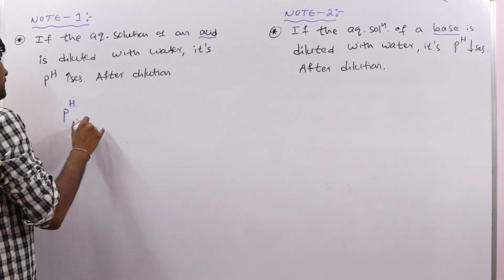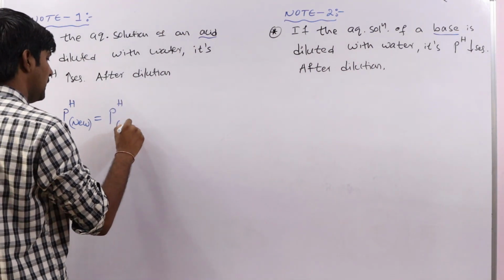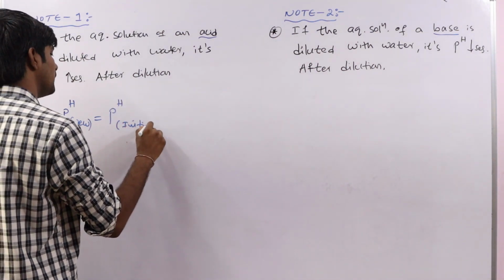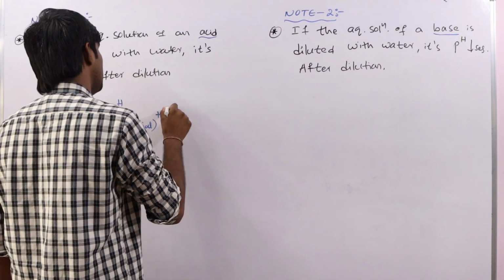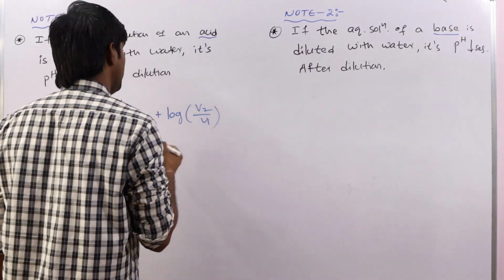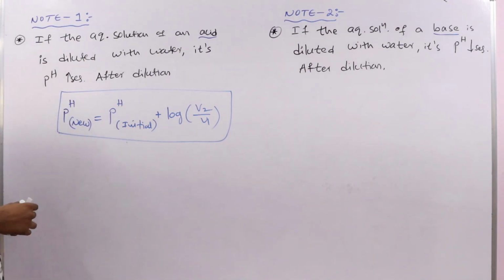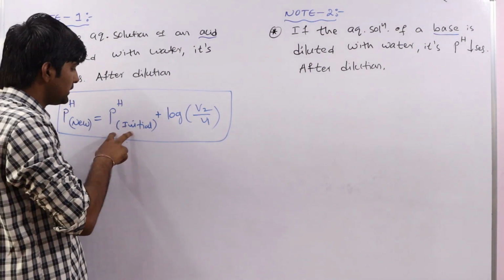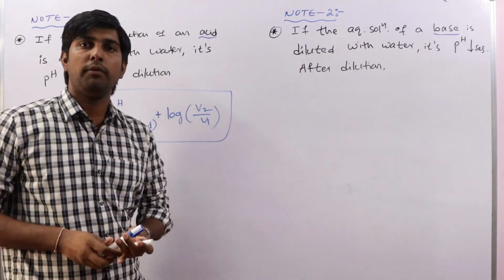New pH by using a formula: original pH or initial pH, initial pH means before dilution, plus log V2 by V1. So new pH after dilution equals initial pH before dilution plus log V2 by V1.